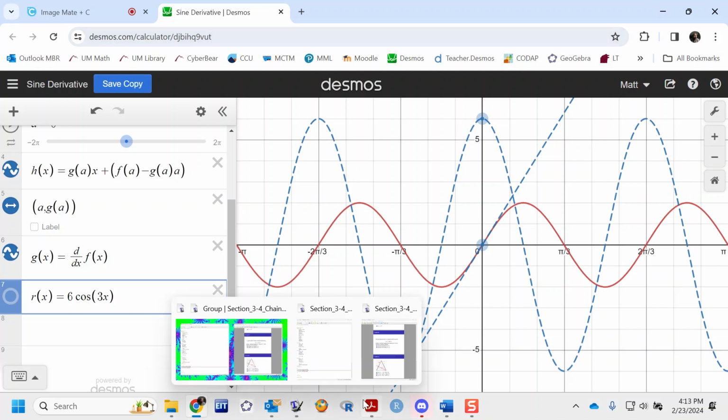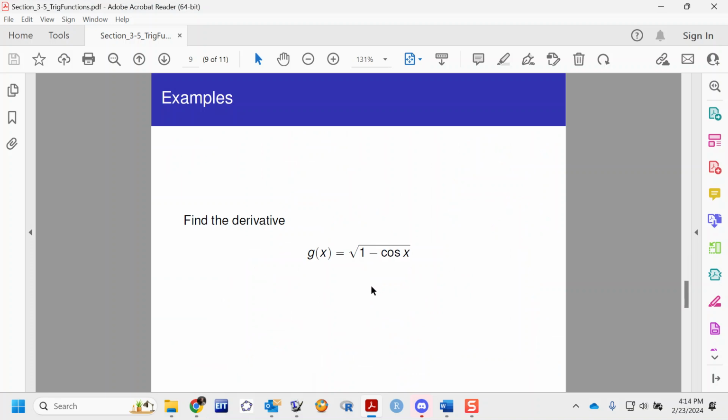Let's try something a little bit more fancy. The example here is g of x equal to the square root of a periodic function, so it'll be interesting to see what happens.